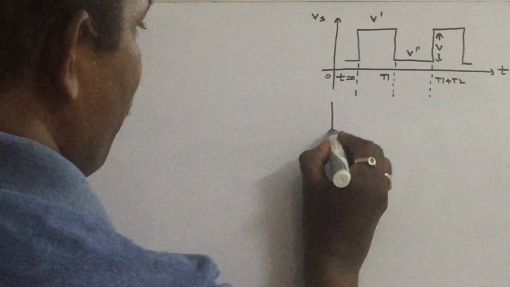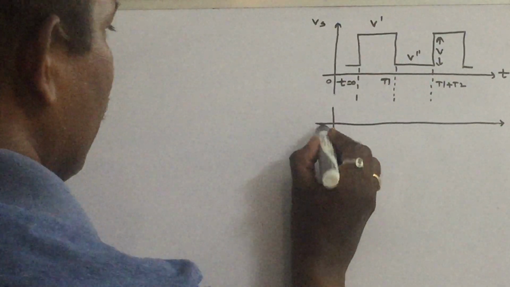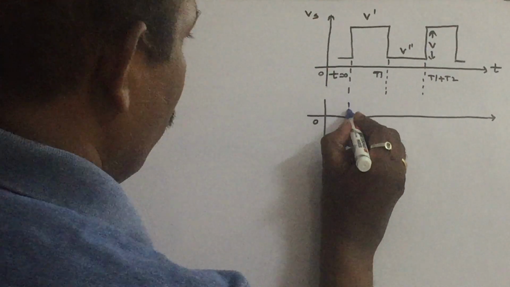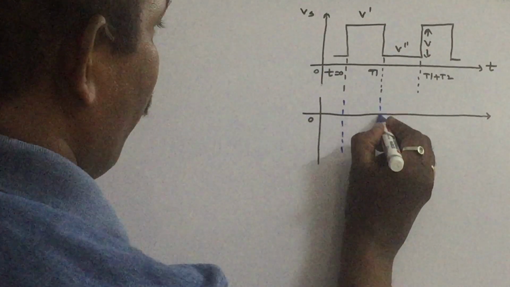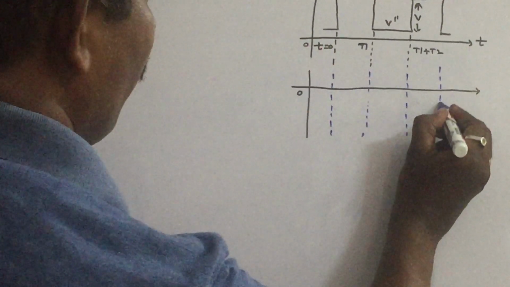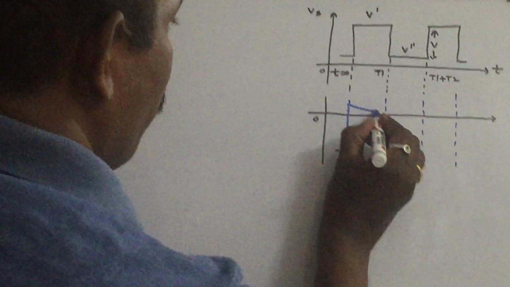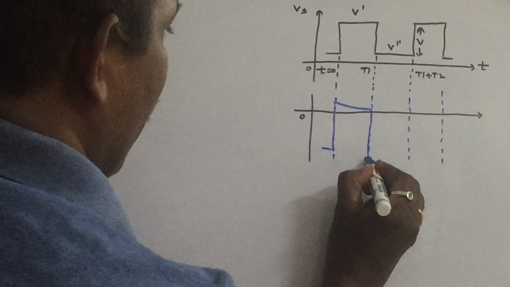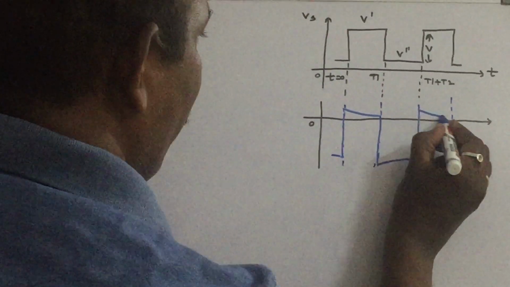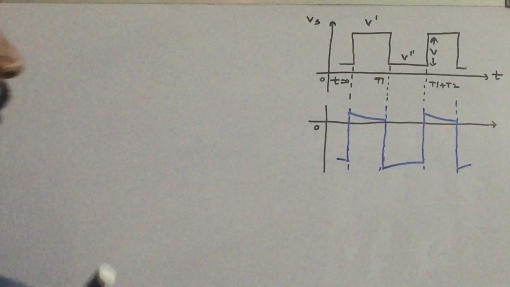When such an input is given to the negative clamper circuit, as drawn earlier, I am drawing the same diagram. The nature of the waveform will be something like this. There will be a positive portion and the capacitor discharges during this period again. This kind of waveform will come into effect.